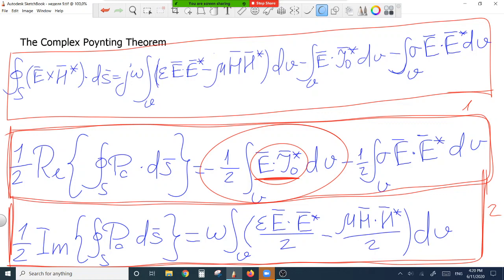Because of the minus sign, the whole term will be negative for the receiver case and positive for the transmitter case.